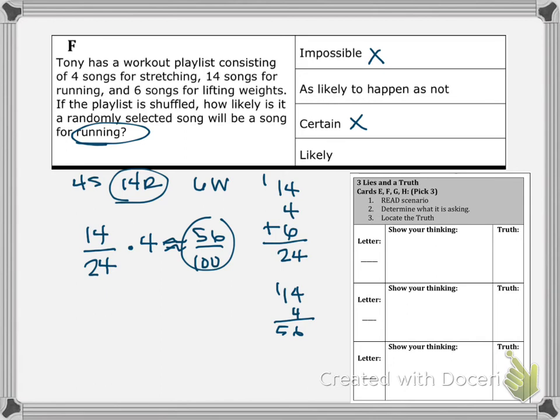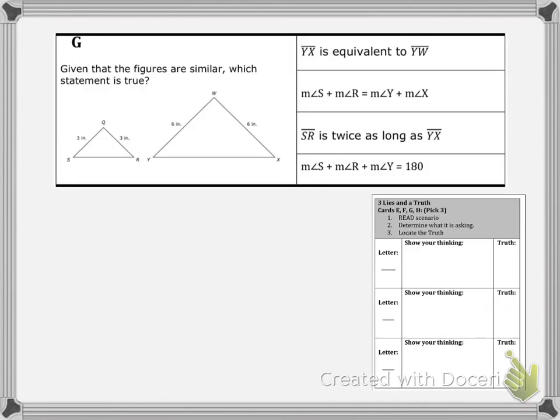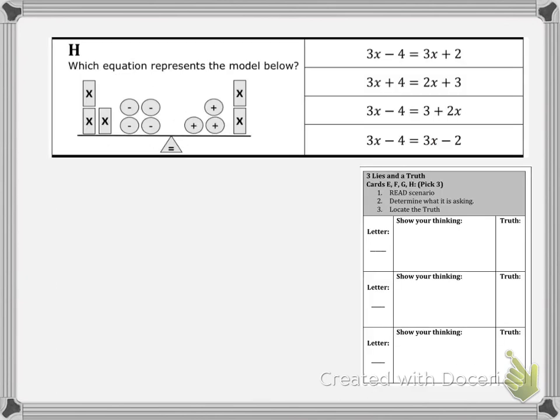Is as likely as not likely to happen is 50%. Okay, and we're a little bit above 50%, so it is probably likely to happen. So F and likely. I guess likely is the truth right there, and it's because it's about 56%. Okay, so then you can choose from G and H to complete.